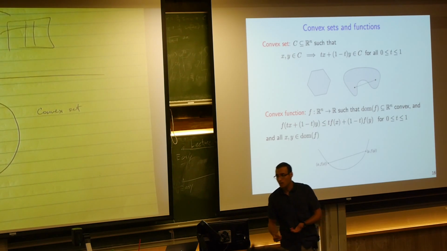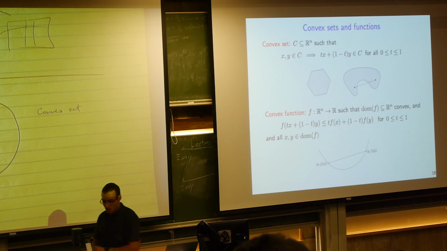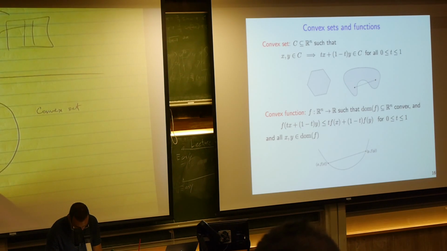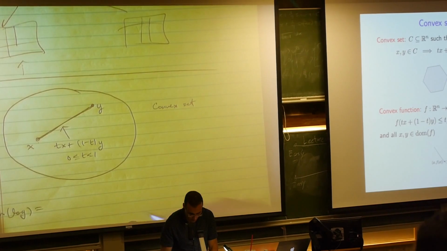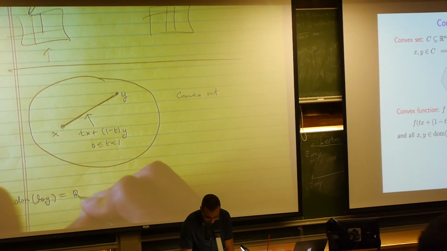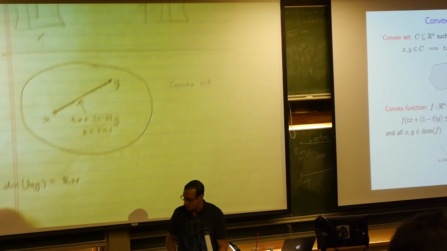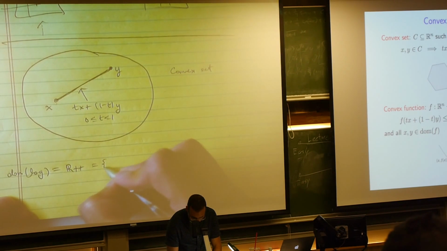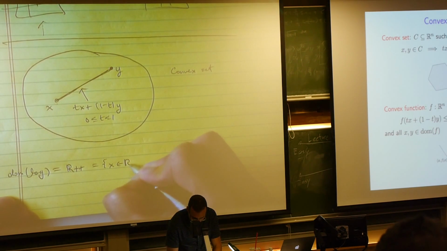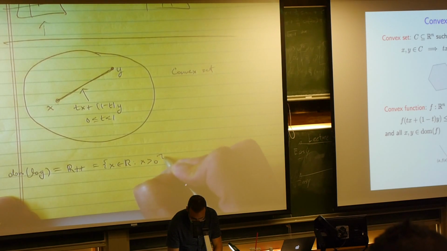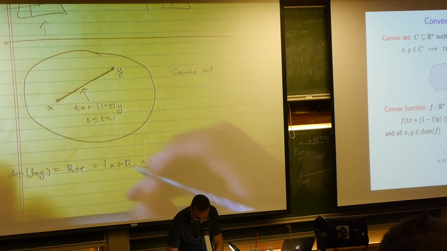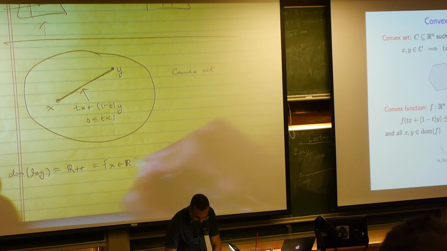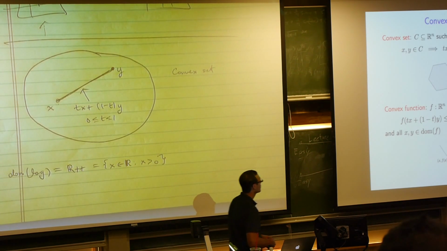So for example, log of x has a domain that's the positive reals. We usually write that as R++. It's the set of all x that are real valued and positive. That's the domain of log, because log is not defined at 0 or for negative numbers.